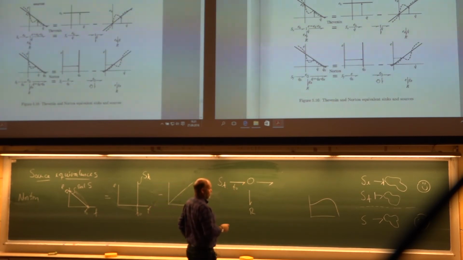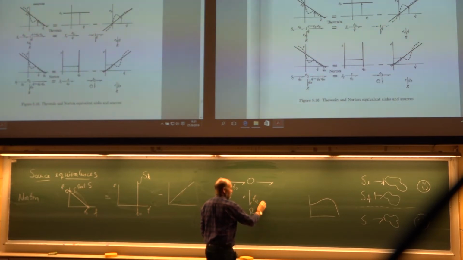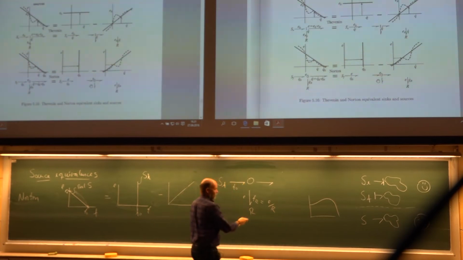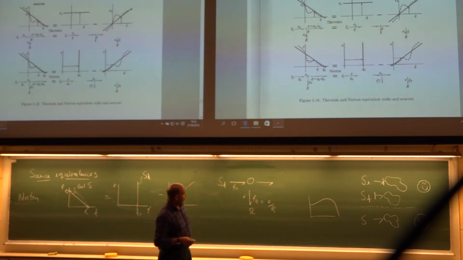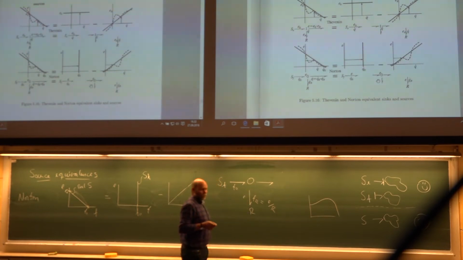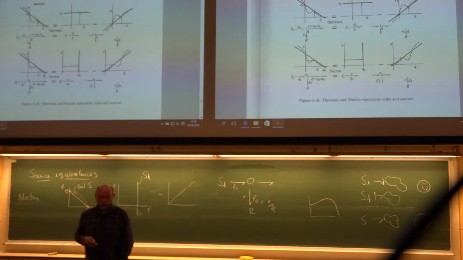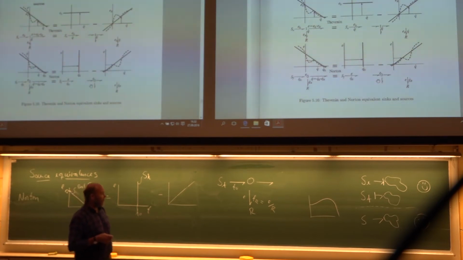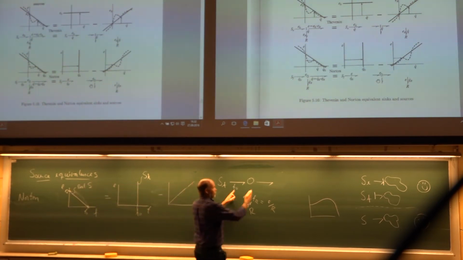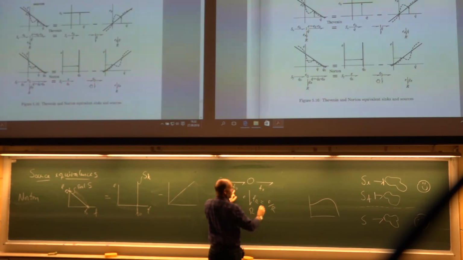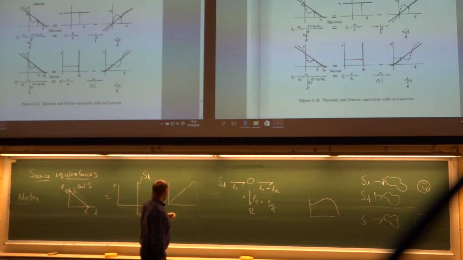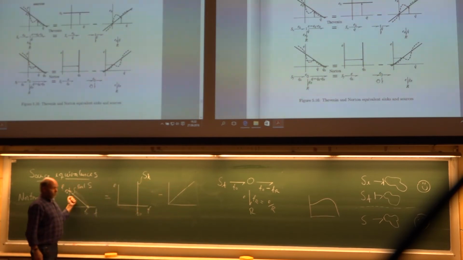If you know the effort, say here's just an E, then you can find the flow here. Flow from the resistance will be this effort divided by the resistance. And then summation around a common effort junction: the flow that goes in equals what goes out. Hence the flow here will be F0 minus this FR, which then should mimic this one.